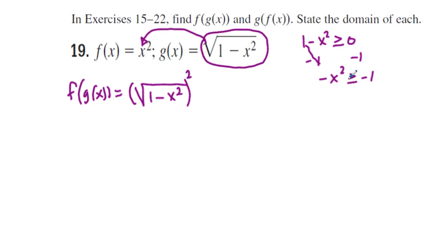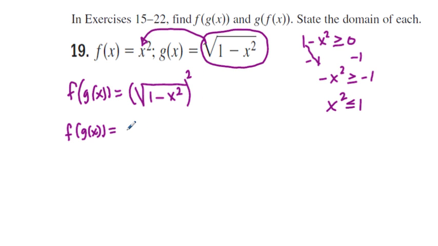And if we multiply by negative 1, we have x squared is less than or equal to 1, which means our original domain restriction is going to be between negative 1 and 1.